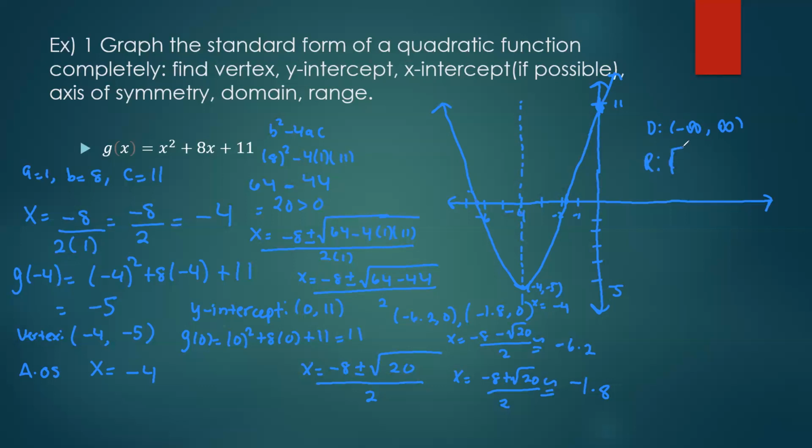Oh, and they included it, so bracket -5. And our highest y value is positive infinity. Okay, that's that. Go ahead and pause, and I guess we can try example 2.